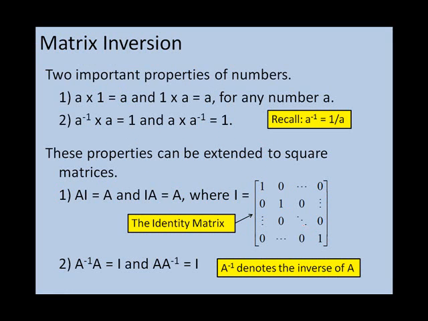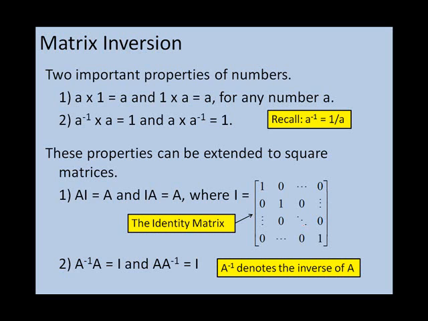The first property is that A times 1 is equal to A, and 1 times A is equal to A for any number A. The second property that's useful is that A to the power minus 1 times A equals 1. And similarly, A times A to the power minus 1 is also equal to 1. Remember that A to the power minus 1 is just equal to 1 divided by A.